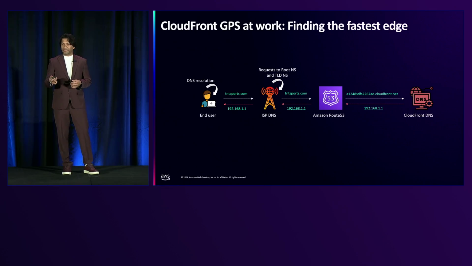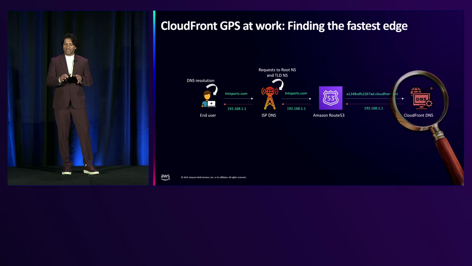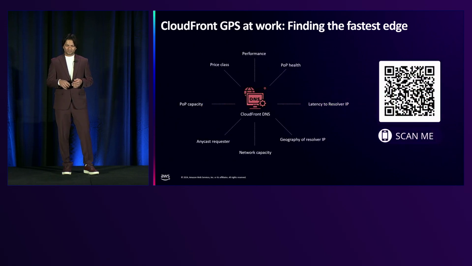Once it identifies the name server, which is Route 53 in this case, Route 53 will pass that request to CloudFront DNS by translating tntsports.com into the long CloudFront.net hostname. From there, CloudFront DNS will determine the best edge IP to serve the content. It then returns that IP address, which is sent downstream to complete the request.